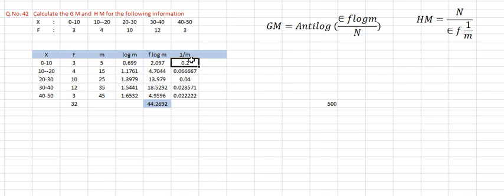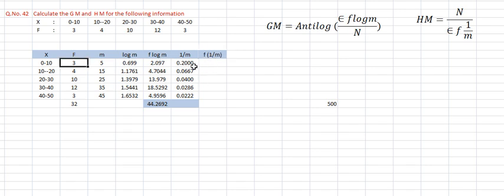Make sure each number is to 4 places. The total of this one is not required in this case. Then you have to find f into 1 divided by m.